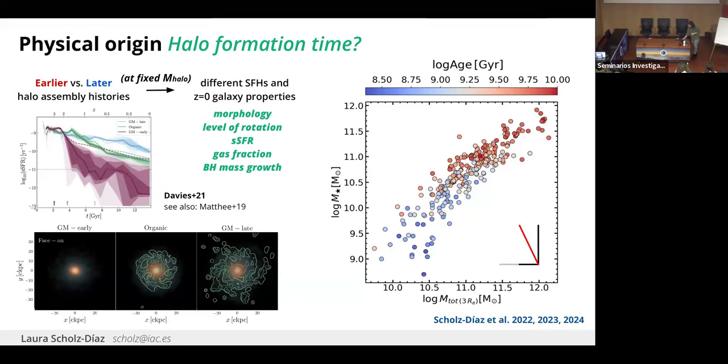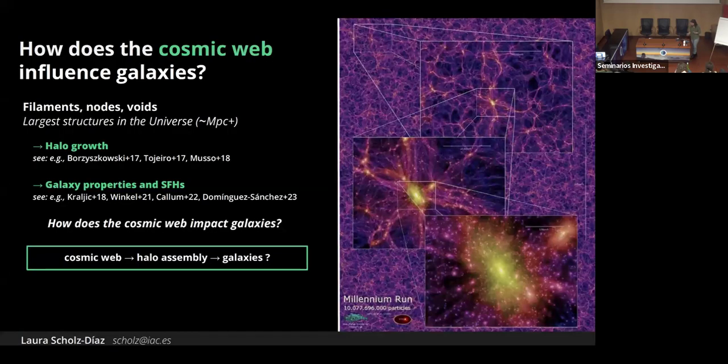And even going further, we also know that the position of the galaxies with respect to the cosmic web, so if the galaxies reside in filaments, in nodes or in voids, can affect galaxy properties and even galaxy star formation history. It has been shown that galaxies that reside in voids assemble their stars slowly, over a more extended period of time, in contrast to galaxies in more dense regions.